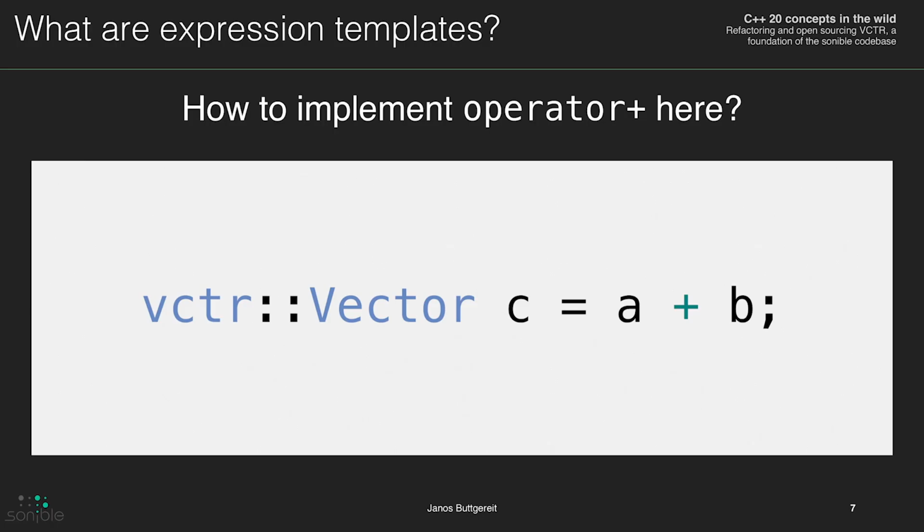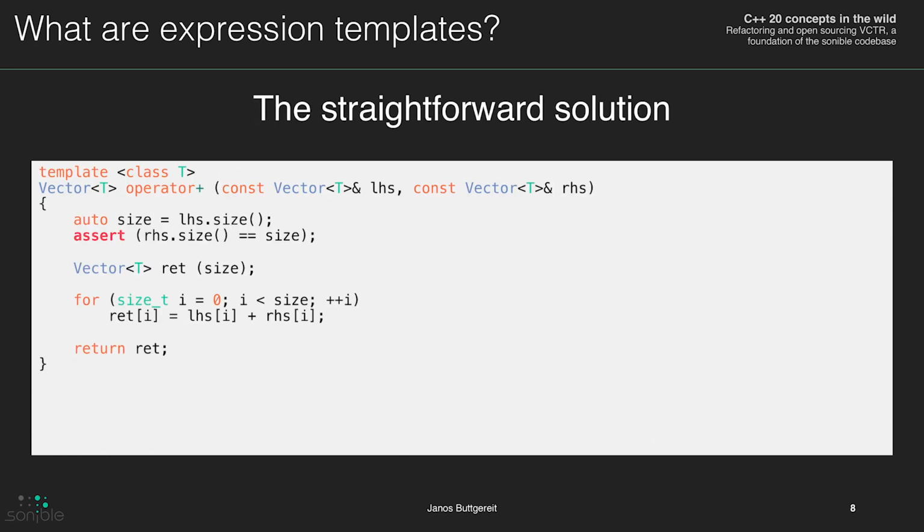Now, why expression templates? How to implement this function, A plus B equals C for a vector? Now, the most straightforward way could be this function, just an overload of the operator plus, taking 2 const references to 2 vectors, creating a temporary return vector of the same size, then adding both up element by element and returning this vector.